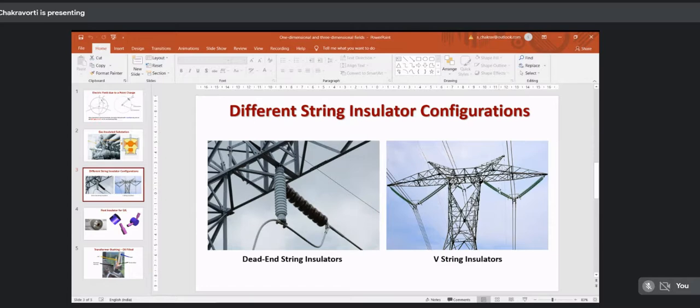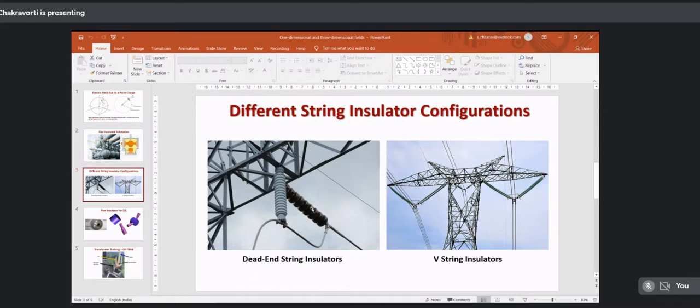It is used when we have special requirements. Now, on the left side, first we say this is called the dead end string insulator. That means the line is coming to an end, and then this connection will go somewhere, maybe to a transformer or so.